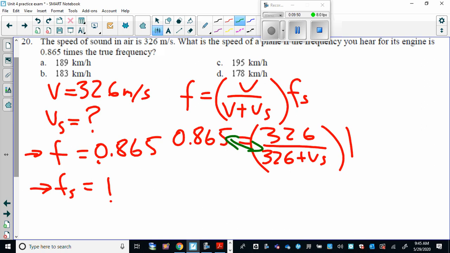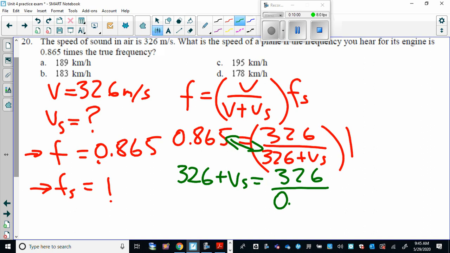I'm just going to switch those two, so it'll be 326 plus Vs equals 326 over 0.865. Or you can multiply them together and then divide by 0.865 to get rid of it anyway. So switching is just a little easier.